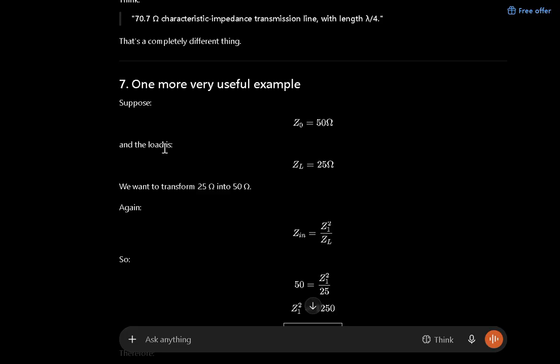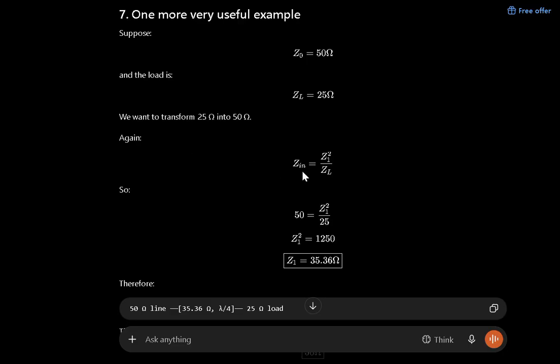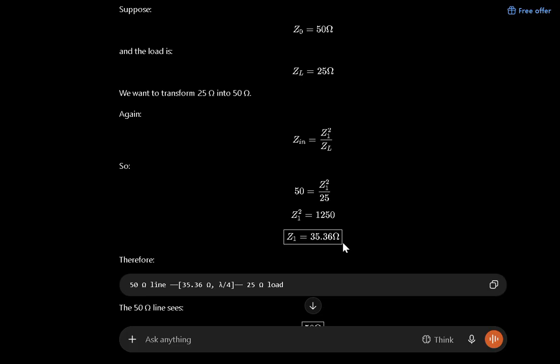Suppose Z0 equals 50 and the load is ZL equals 25. We want to transform 25 into 50. So again Zn equals Z1 squared divided by ZL. 50 equals Z1 squared divided by 25. Z1 squared equals 1250, so Z1 equals 35.36.